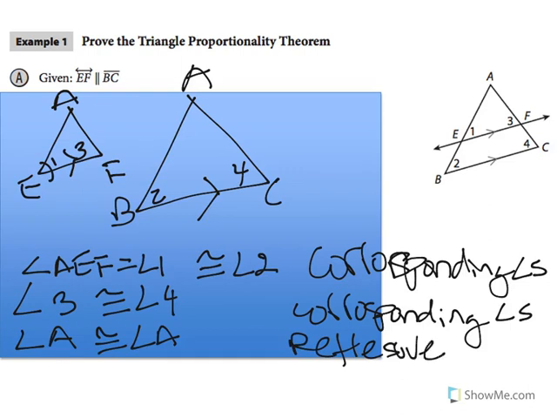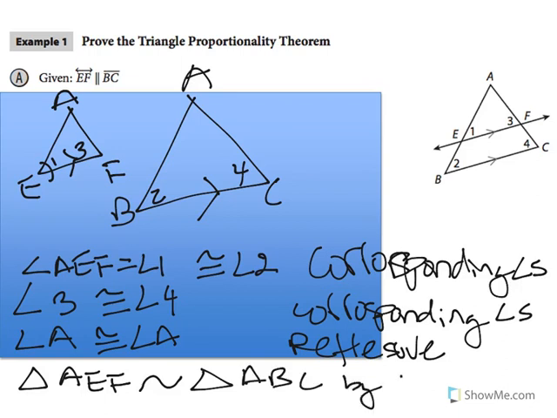Right, so then we can say that triangle AEF is similar to triangle ABC by the AA theorem.